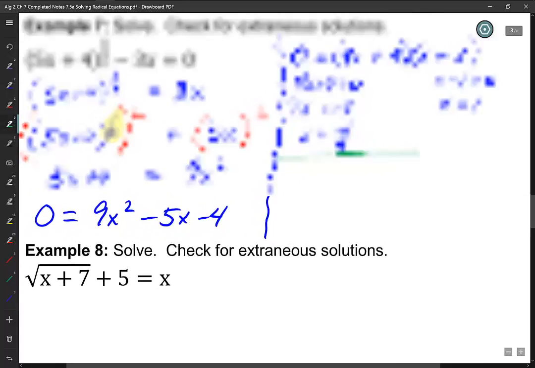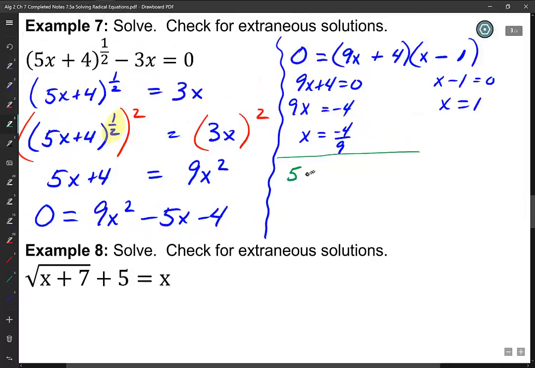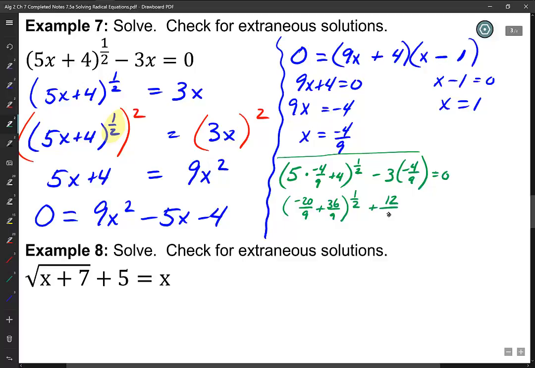We've got 5x plus 4. So 5 times negative 4/9 plus 4 raised to the 1/2 minus 3 times negative 4/9. And if this works, this should be equal to 0. Well, 5 times negative 4/9 is negative 20/9 plus 4, and 4 in terms of ninths is 36/9, to the 1/2, and then plus 3 times negative 4 is going to be plus 12/9.